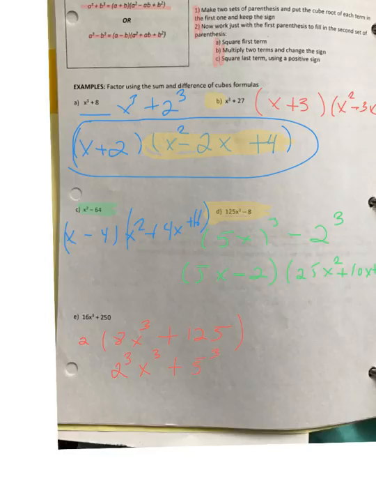So the first term would just be 2x. The second term would be 5. Keep the sign. First term squared, 2 squared is 4, x squared. Multiply the 2. And then that should be the opposite sign in between. Plus, square the last one. And bring that GCF out in front.